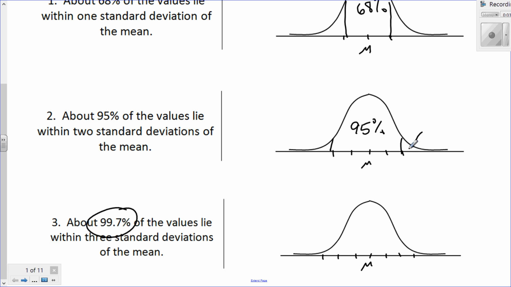That would mean you're one of the people in this small area, so you have a very good test score. You've done better than almost everyone in the class. If, however, you take a test and you're more than three standard deviations below the mean, you are way down here. Let's hope that doesn't happen.